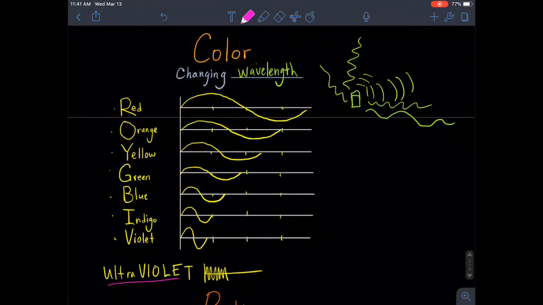We don't get burned from infrared light because infrared light is an even longer wavelength than red light, and that's actually how we feel the heat from a fire. So we don't get burned from the heat in a fire, we just get warmed by it because it's a really long wavelength, and we don't see that heat because it's not quite red. It's not a color yet. It's not short enough to actually produce a color, but it's still very similar in the stuff that makes it up.